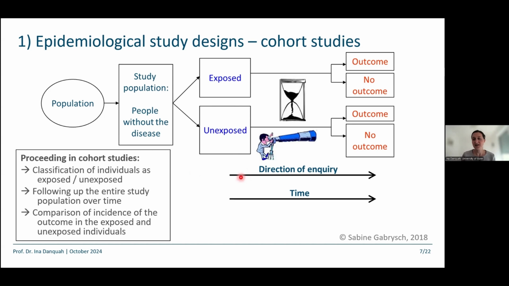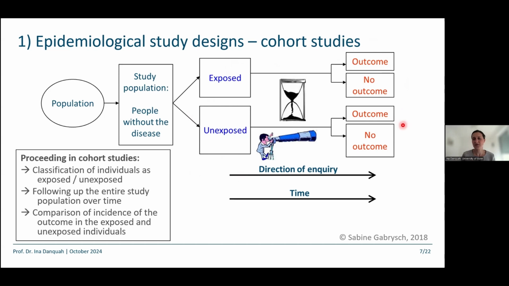We will then look over time, and that's why they are called follow-up studies, how these individuals are developing the outcome of interest. So there will be some proportion of people who will develop the outcome of interest in the exposed group. Some will not develop this outcome. And the same will also happen for individuals in the unexposed group.